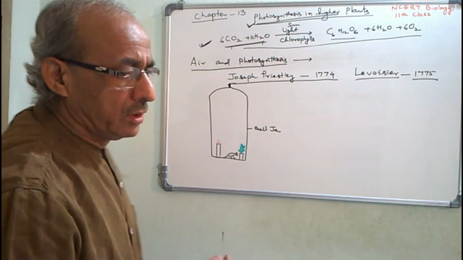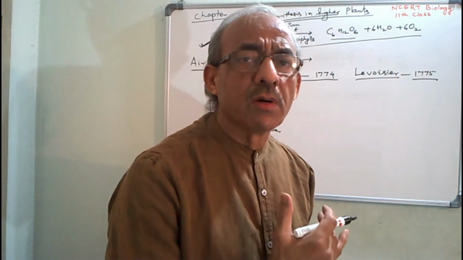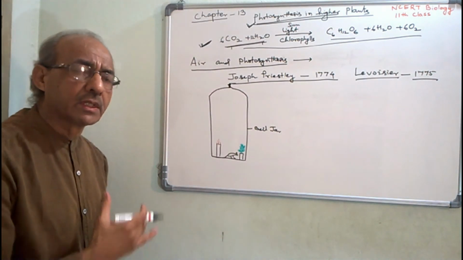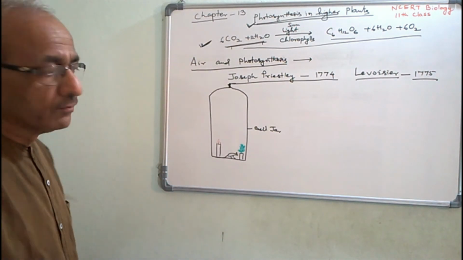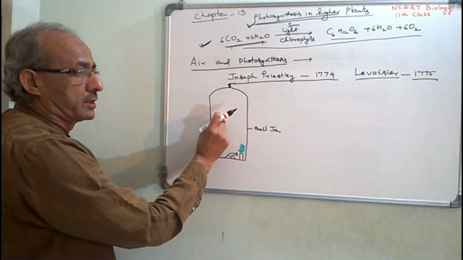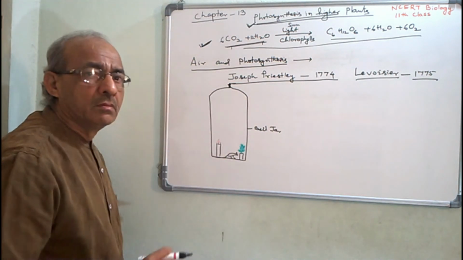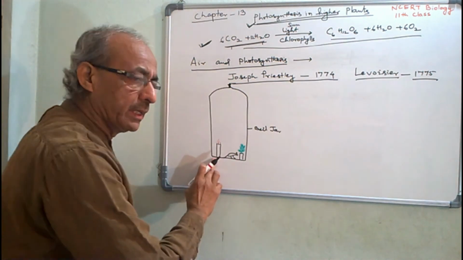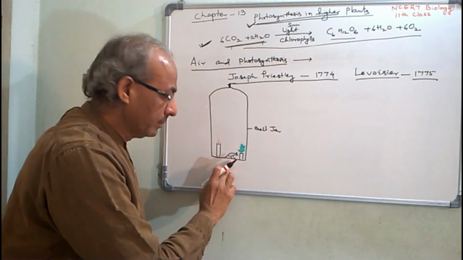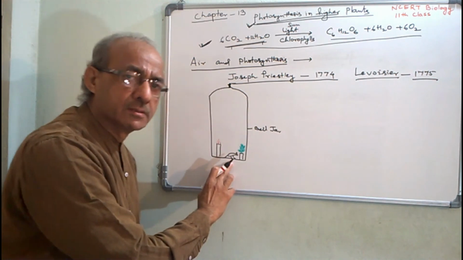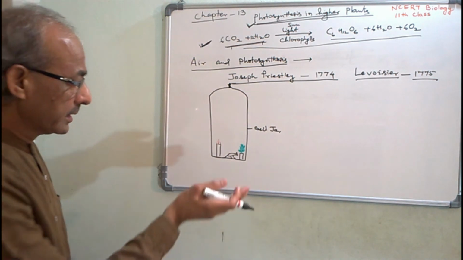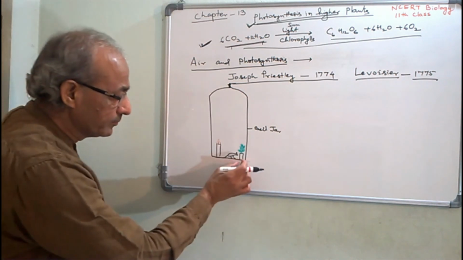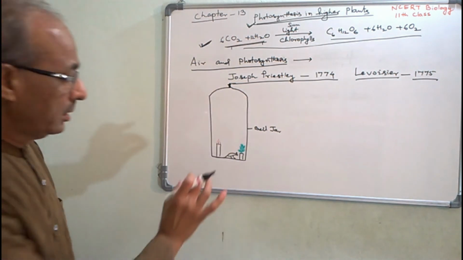Thus, on the basis of the second experiment, he concluded that the damaged part of the air, due to the burning candle and breathing of living organisms, is restored or compensated by the mint plant.